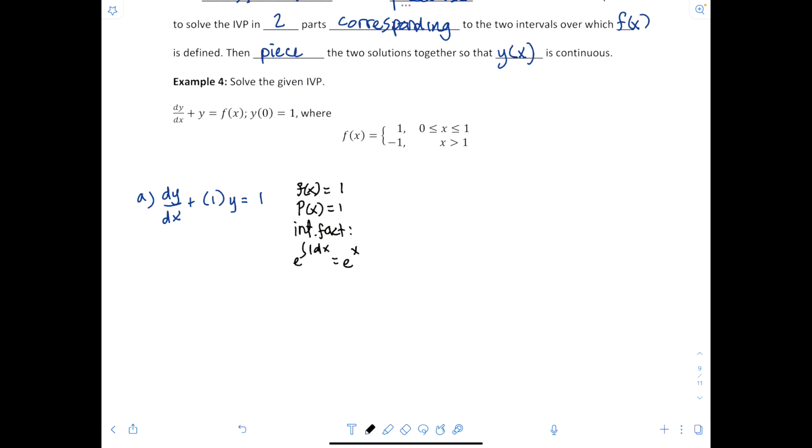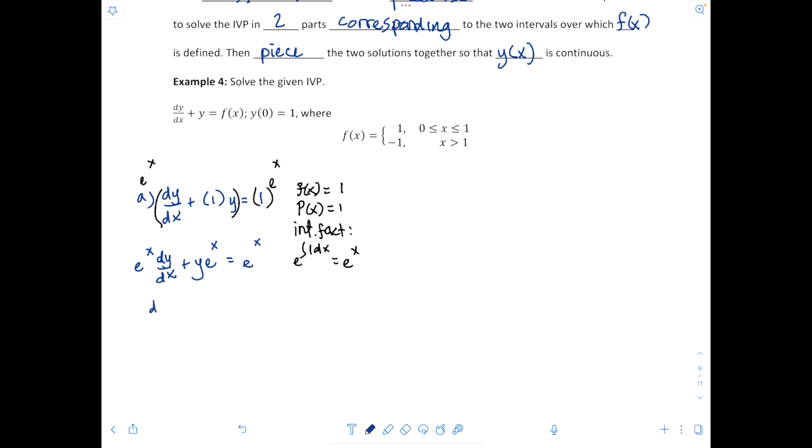Cool? All right. And then multiplying through by our integrating factor, we'll have e to the x dy dx plus y e to the x is equal to e to the x.